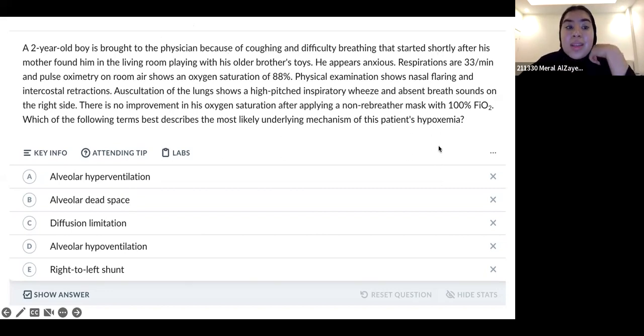What's important here is that his mother found him playing with his older brother's toys, and this indicates that he probably aspirated one of the toys. His respiratory rate is 33, which you already know means he's hyperventilating. Also, he's anxious, and the oxygen saturation is 88.